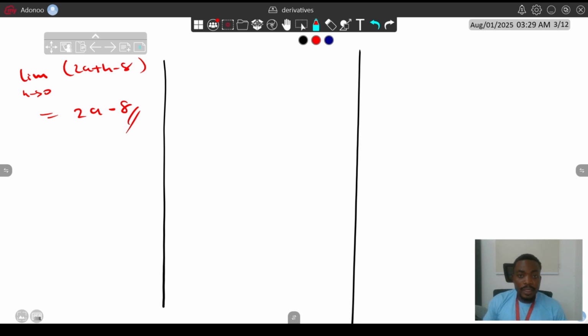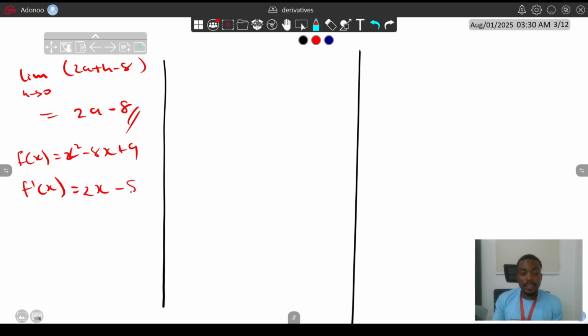Now, if you have had any prior experience with differentiation, you will realize that if we simply apply differentiation of polynomials, since f of x is equal to x squared minus 8x plus 9, f prime of x is going to be, we bring the 2 here, x to the power 2 minus 1 is 1, minus 8.